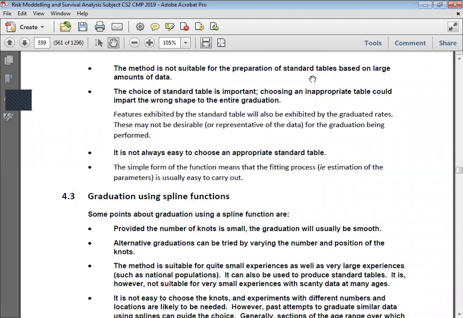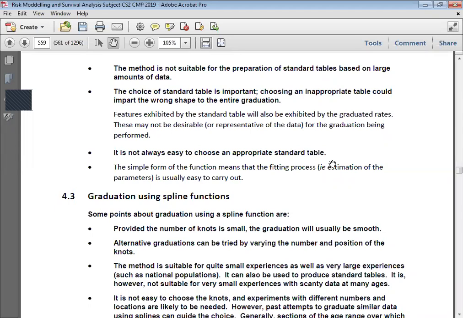And it is not always easy to choose an appropriate standard table, because whenever we have a standard table, we say that we expect it to be homogeneous, but it will not be perfectly homogeneous in nature. And it might not well sample the population that we have. The ones that we want to figure out graduated rates for, and the standard tables that you might have available to you, might not correspond to the same population.